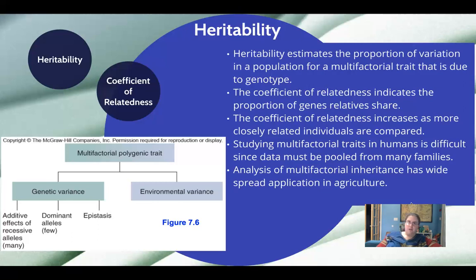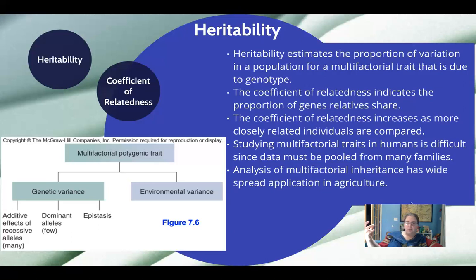Analysis of multifactorial inheritance has widespread application in agriculture. So what this means is we can look at how some of the traits, if they have maybe a lower heritability, so lower genetic contribution and more environmental contribution, such as the diet that you take in, then we can change our agricultural needs.